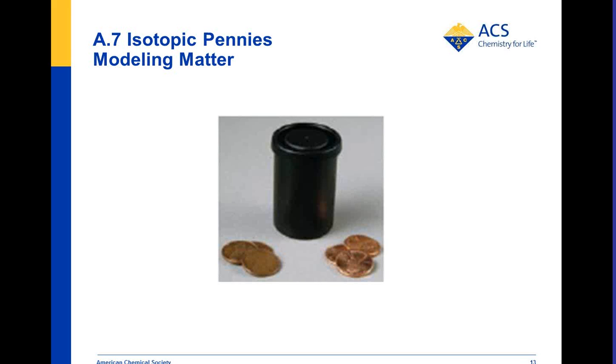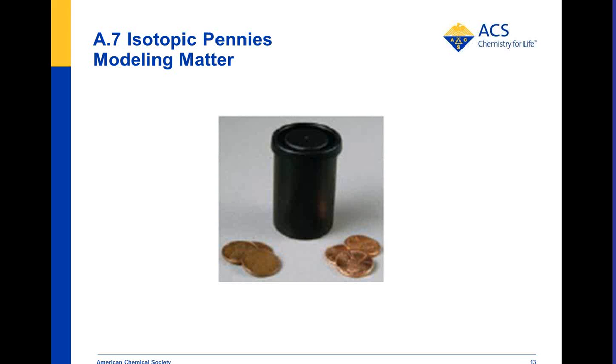Okay, so I use these little film canisters, which aren't very easy to find anymore now that everything is digitized. But if you go to camera stores, they often will have some, and they generally just throw them away, or sometimes they recycle them. You can ask them to save them for you.